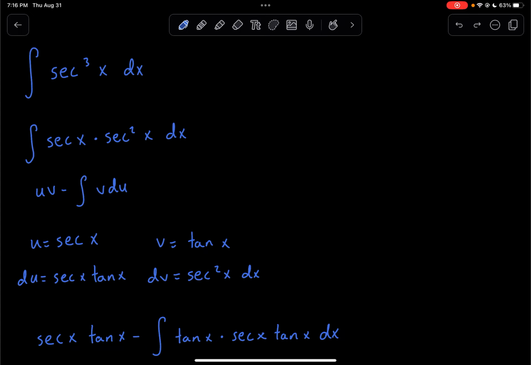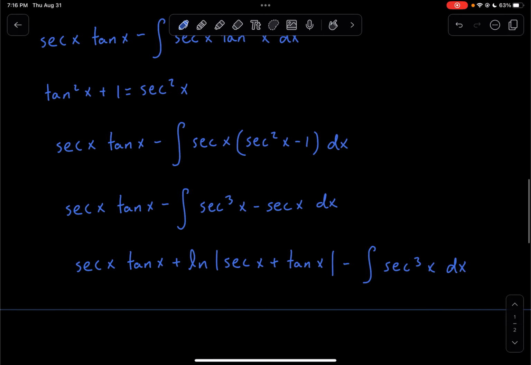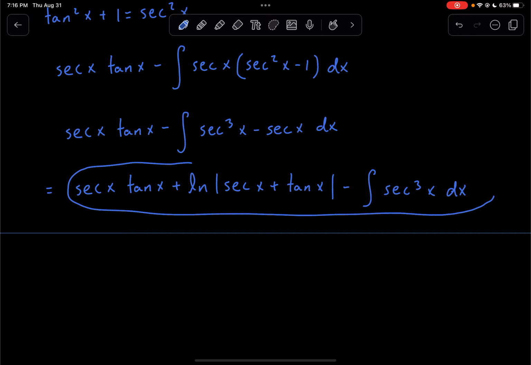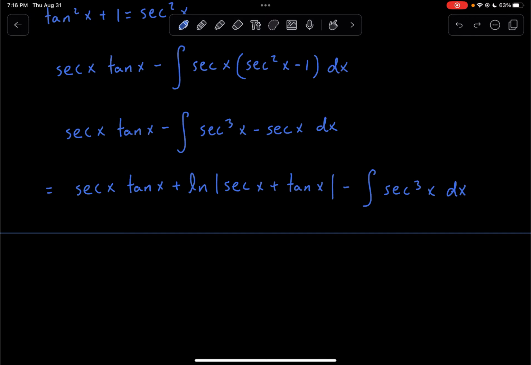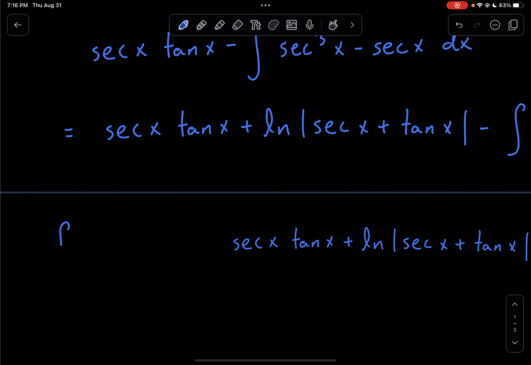Now, everything we've done up to now is all equal to the original equation. And what that means is that we can set this entire formula back equal to the integral of secant cubed x dx. So we're going to take this entire equation, and we're going to set it equal to the integral of secant cubed x dx.